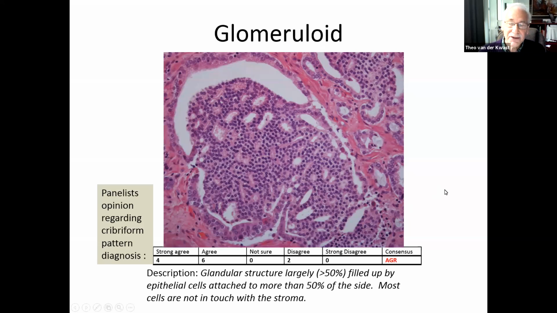And yes, there was agreement. 10 out of 12 panelists agreed that this was sufficient for cribriform pattern. The glandular structure, largely more than 50%, filled up by epithelial cells attached to more than 50% of the site, and most cells are not in touch with the stroma.